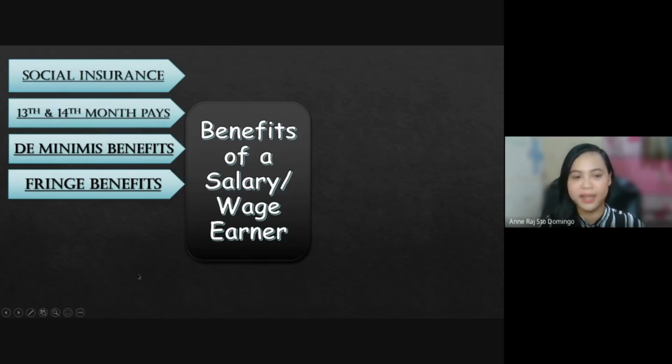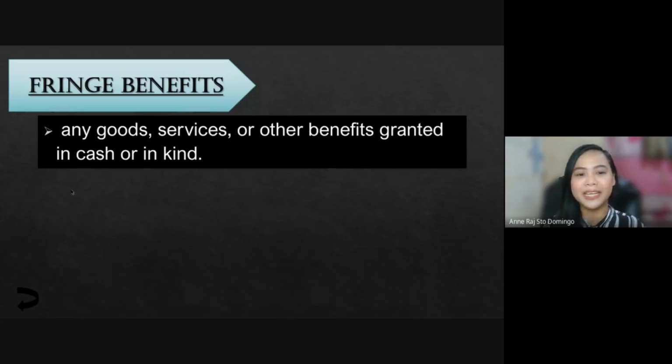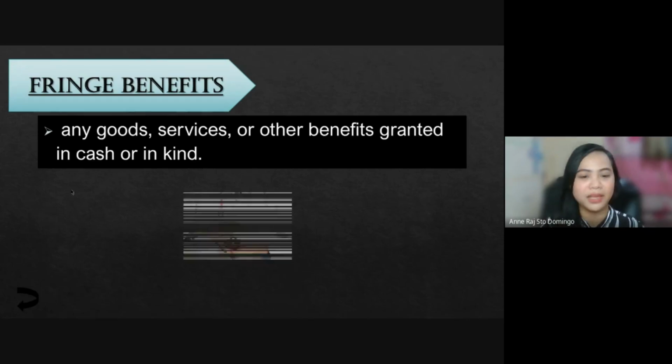So, let's find out what these fringe benefits are. Eliza and Kenny and Geraldine are all correct. Very good, guys. So these are any goods or services or any other benefits granted in cash or in kind. So may mga binibigay talagang mga gamit.